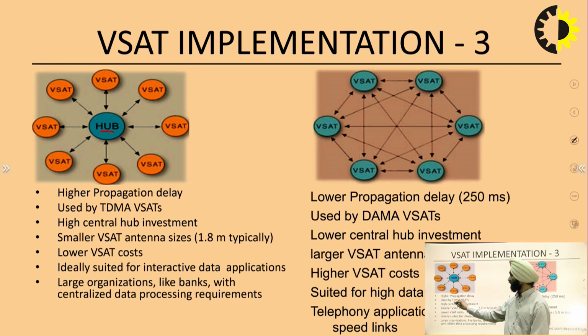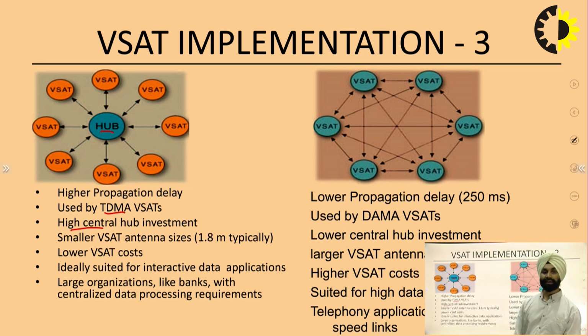Here, each user transmitting is using TDMA. It takes a time slot for the transmission. When the slot of this VSAT comes, it transmits only at that time. So at the central hub, we need a high investment because of its capabilities.